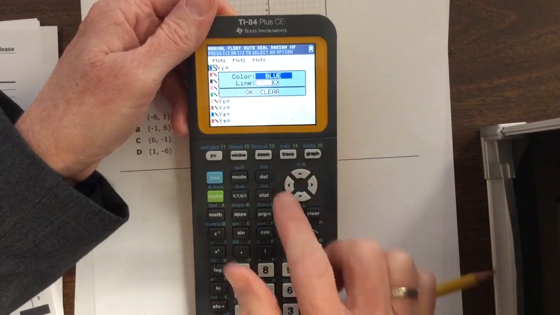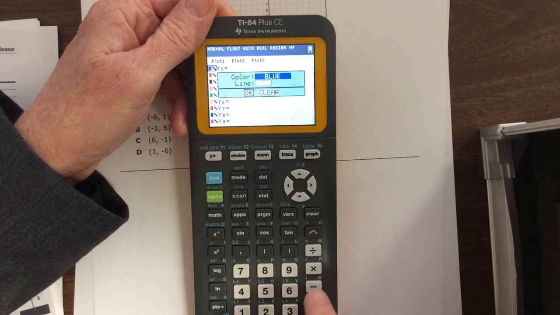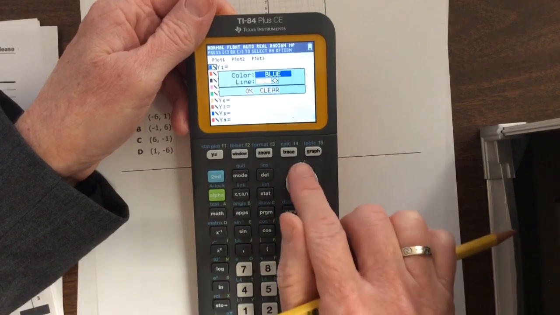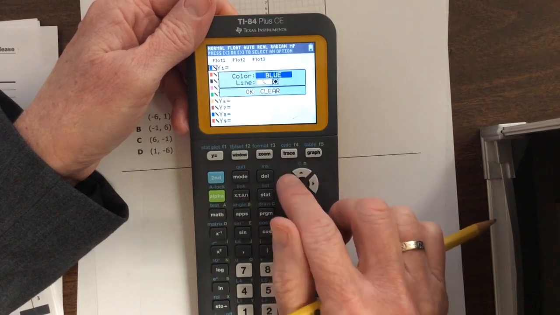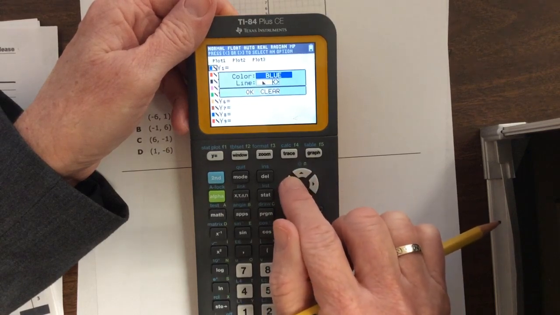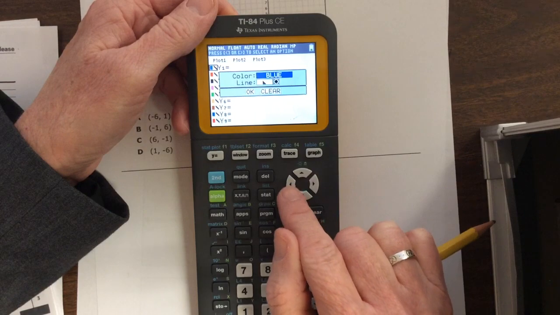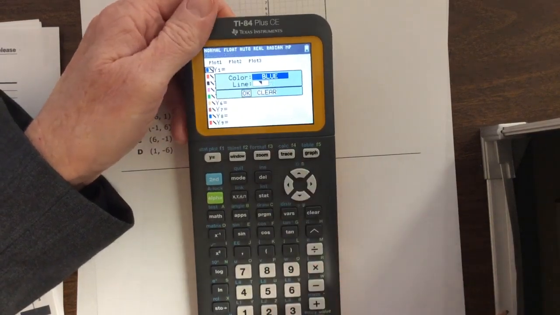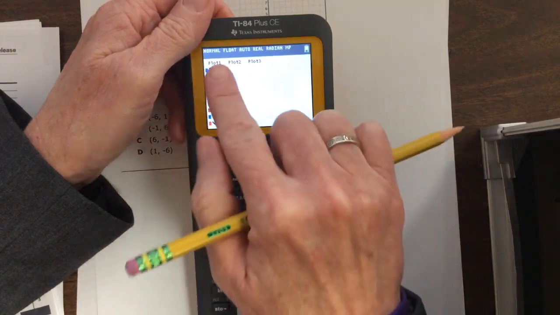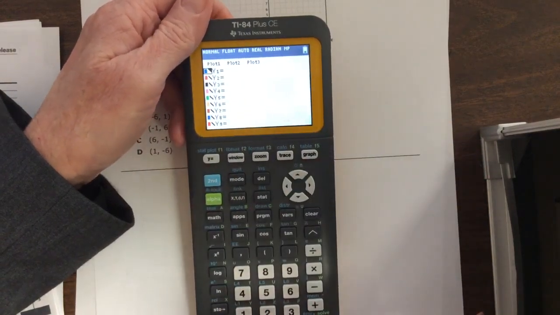I'm not sure if I've done this on the new calculator, but let's see. There we go. So you're going to use the tab button. And it's not less than, it's greater than. So we're going to hit OK. And we have our greater than symbol right there.